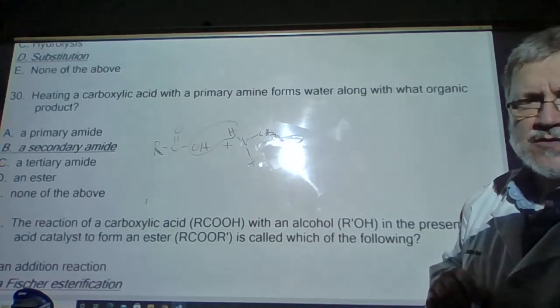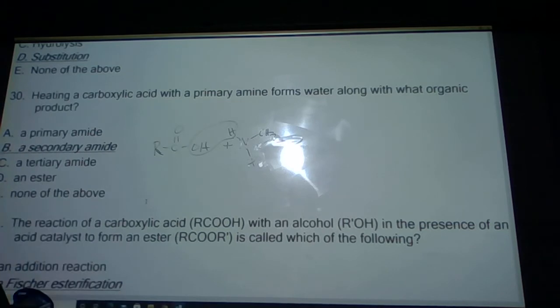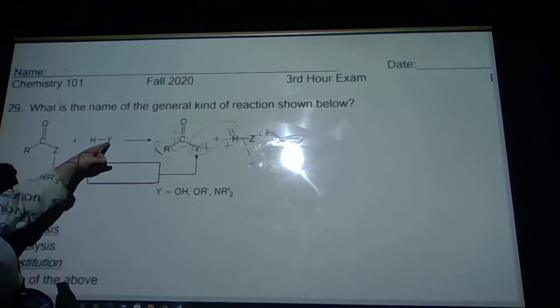and ROH. If you look at the immediate last problem, number 29, you can replace the OH with an amine.